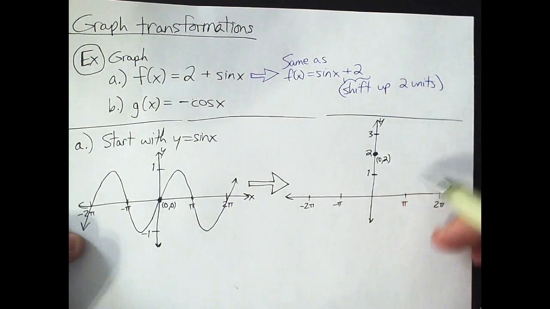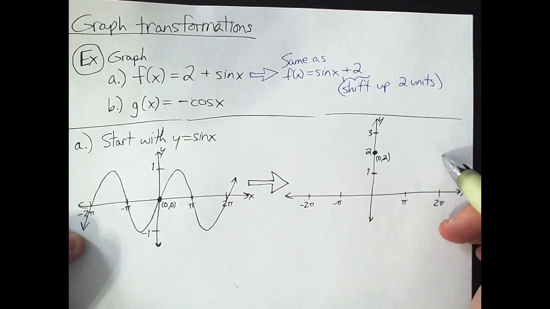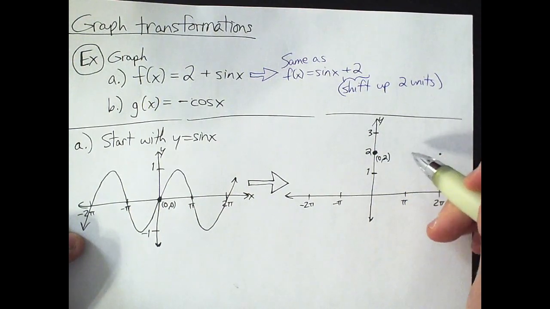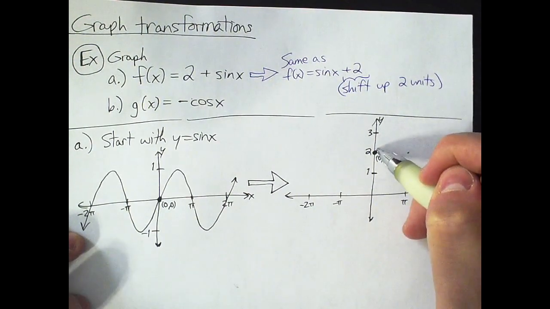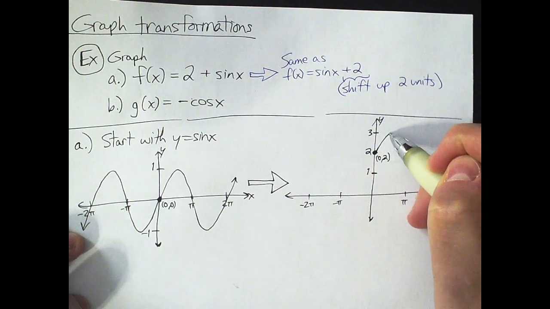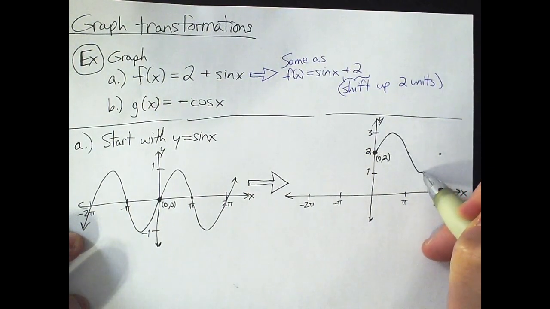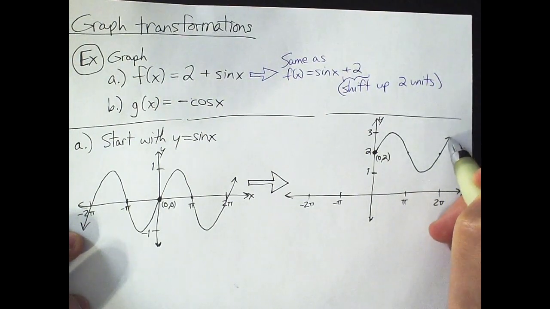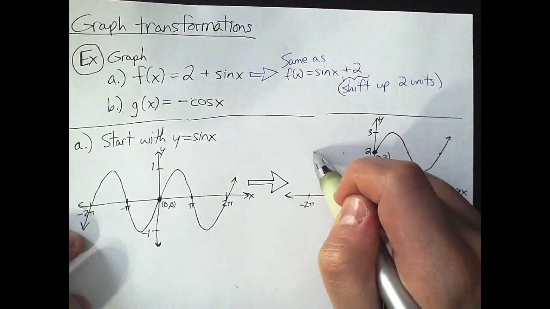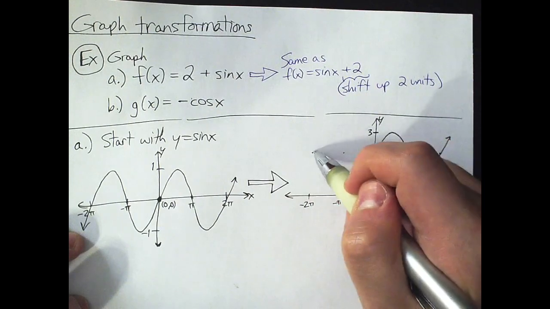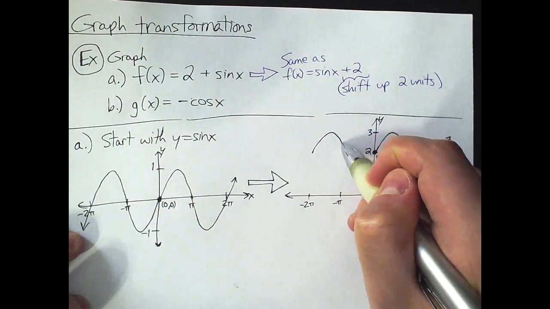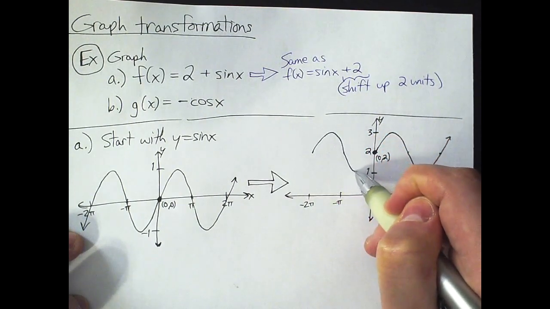So we could still have the same up and down curve. By the time it gets to 2 pi, it's back where it started. So we go something like this. This looks pretty good.